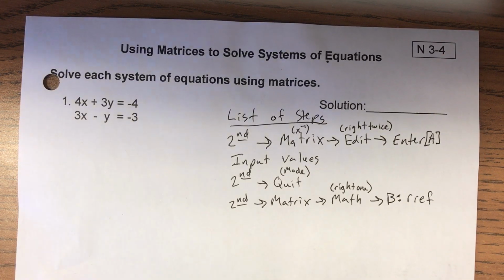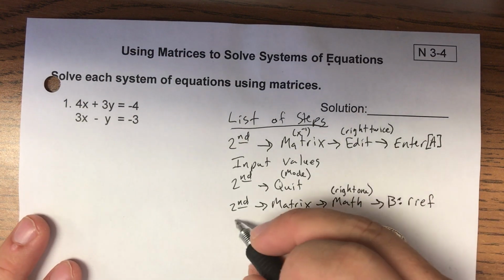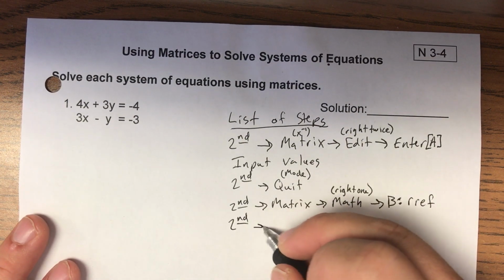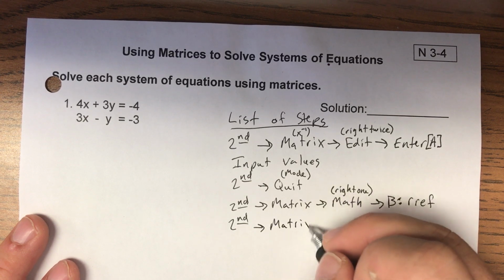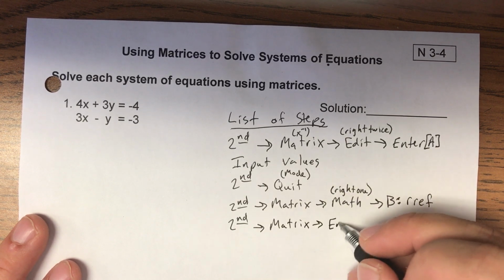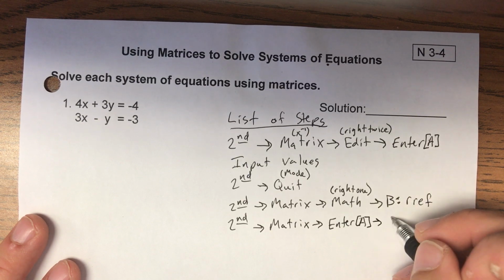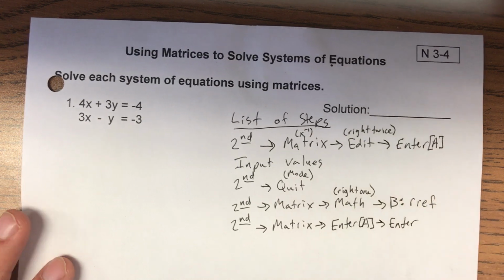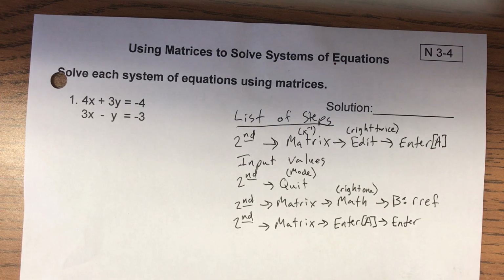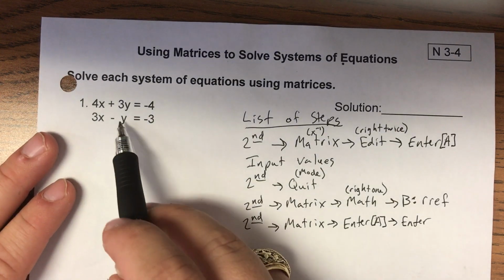Make sure you go to the one that has the double R, RREF. And then we'll go back into second matrix, and we'll press enter on A. That'll bring us back to our home screen, and we'll press enter one more time. So that's our process.